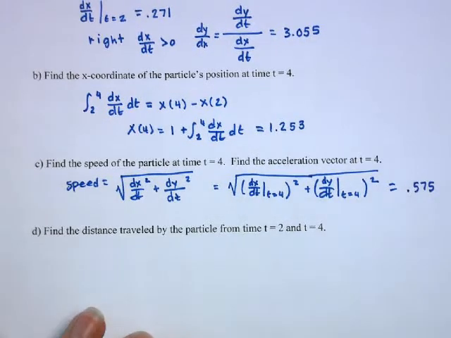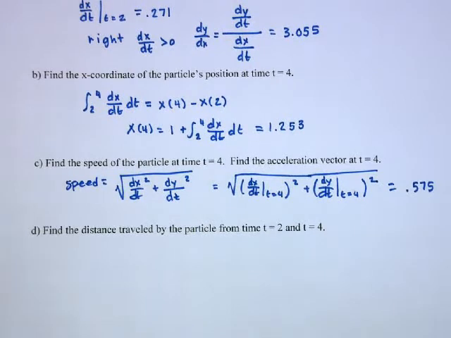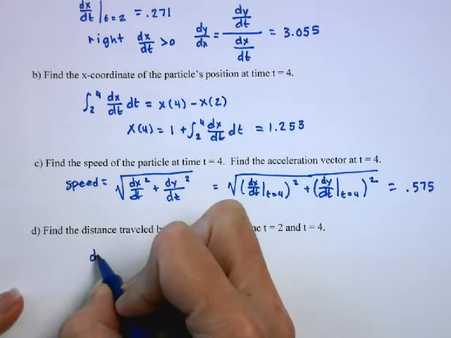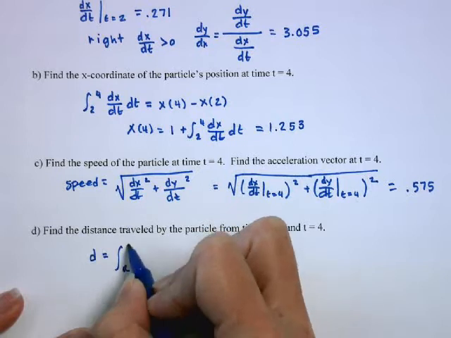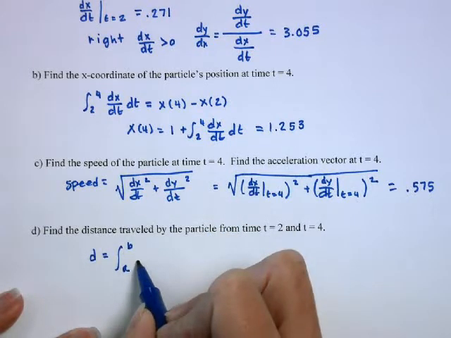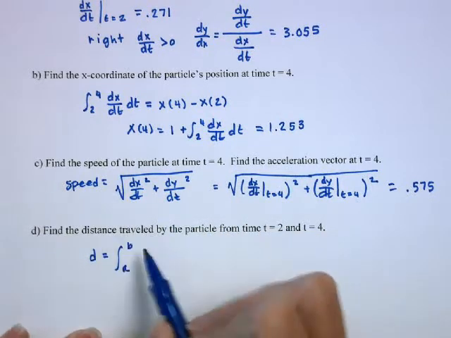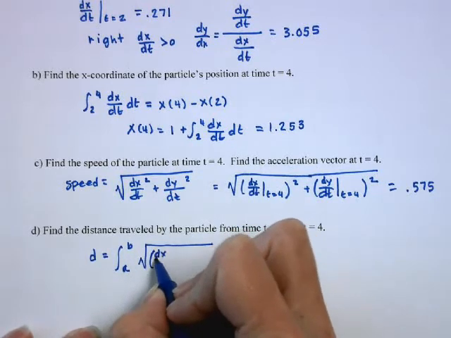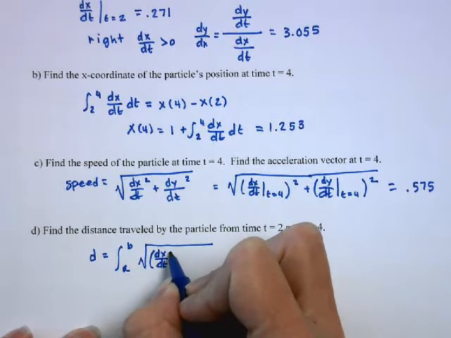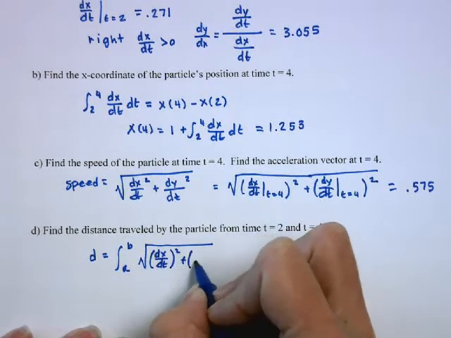Okay, this last problem, I'm going to introduce a new equation to you, the distance in parametric. So the distance would be the integral from a to b of the speed. So we'll type this in the calculator.